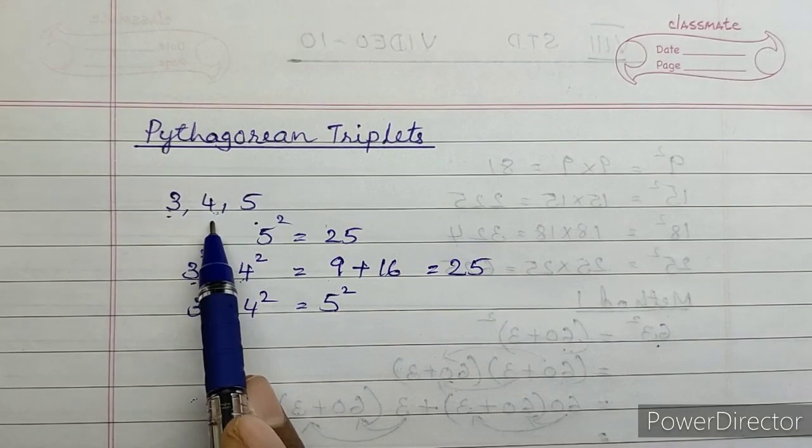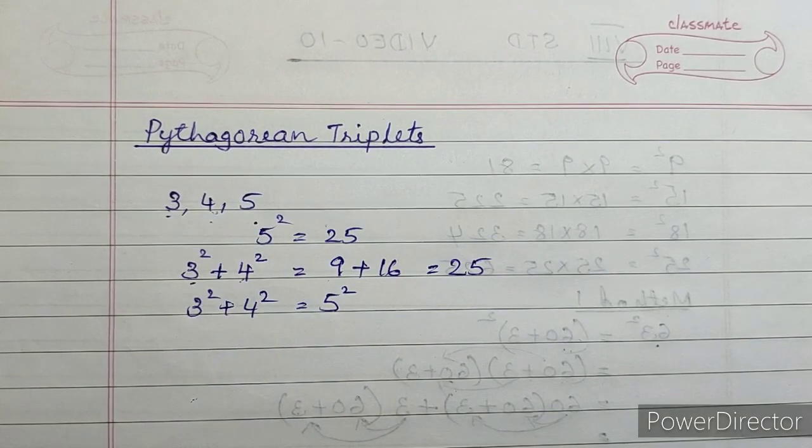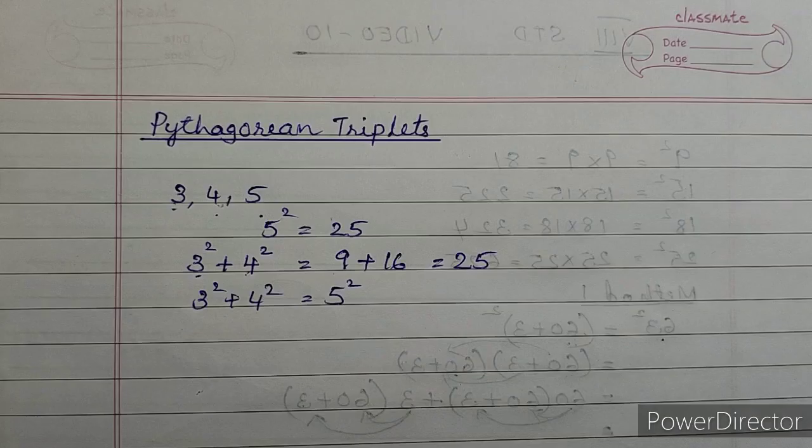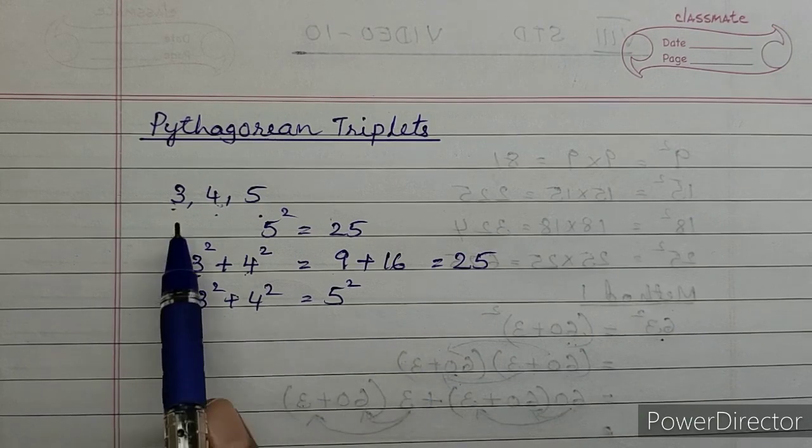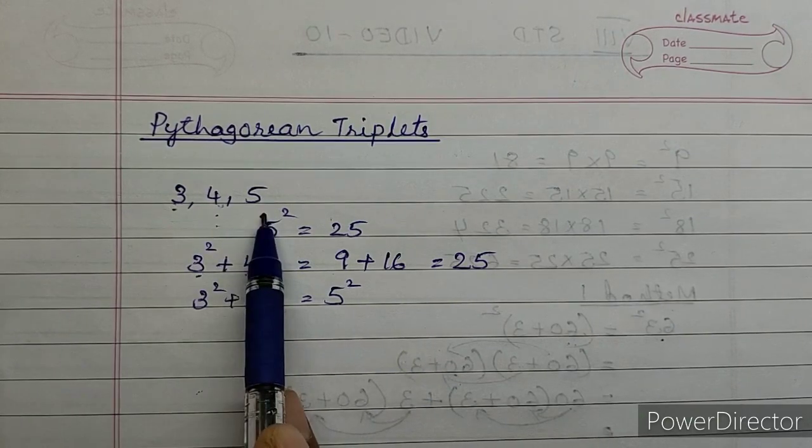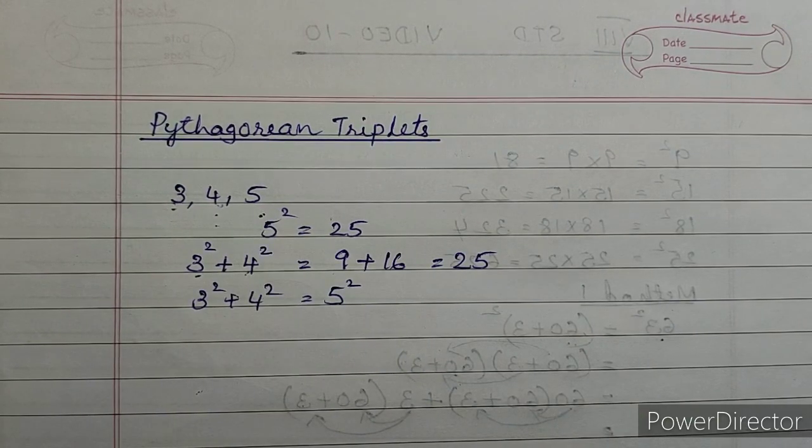So this speciality, famous mathematician Pythagoras has found it by using right angle triangle. So that's why it is called Pythagorean triplets. So Pythagoras is a well-known Greek philosopher and mathematician who is the founder of Pythagoras Theorem.